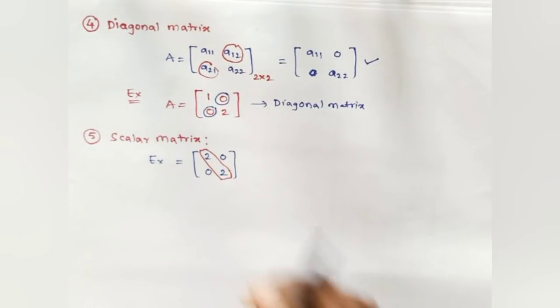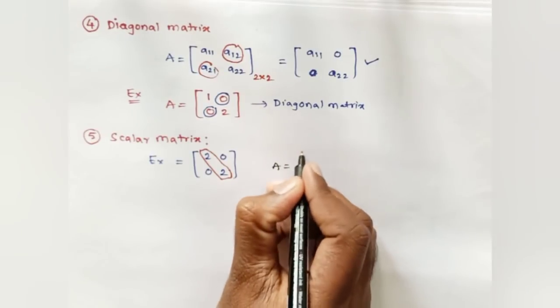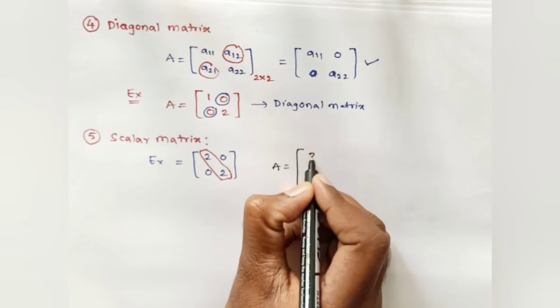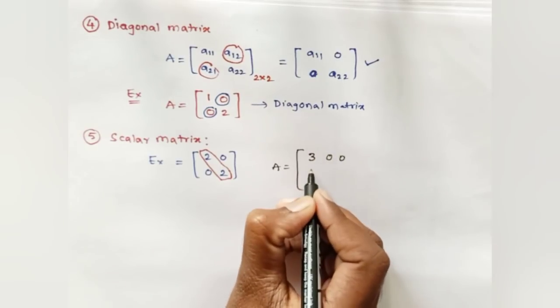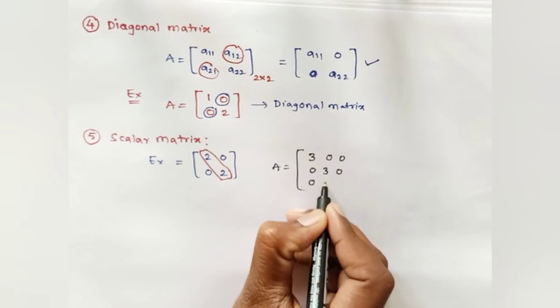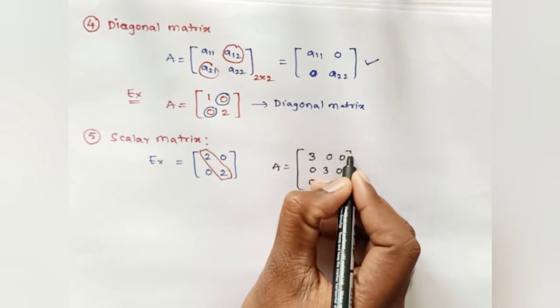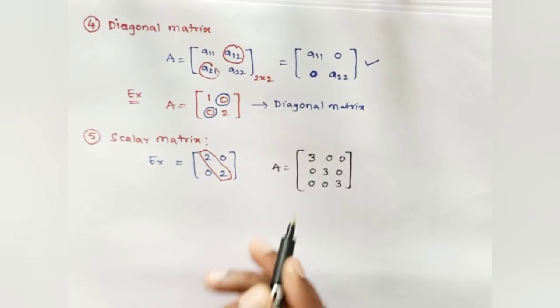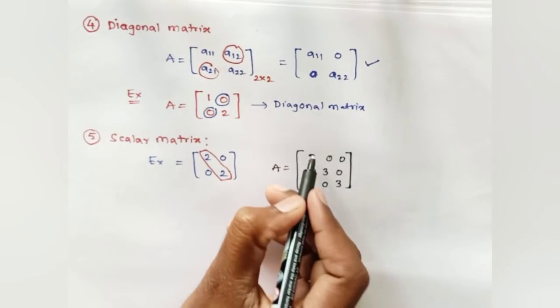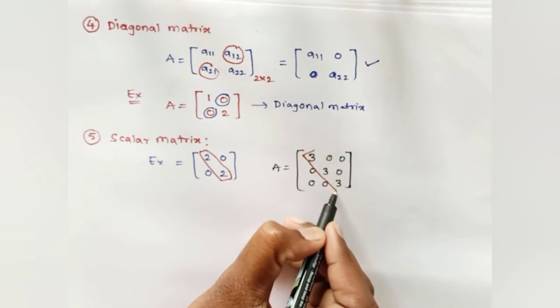And one more: A is equal to, let us consider, 3, 0, 0, 0, 3, 0, 0, 0, 3. Now, you can observe here all the non-diagonal elements are zeros and the diagonal elements are equal to 3. All are the same.